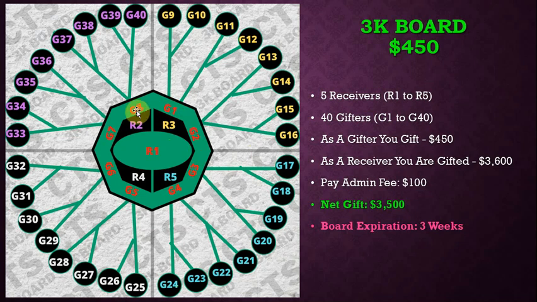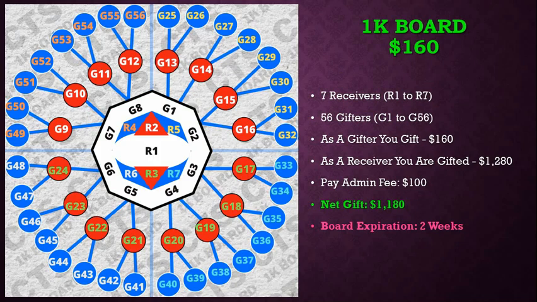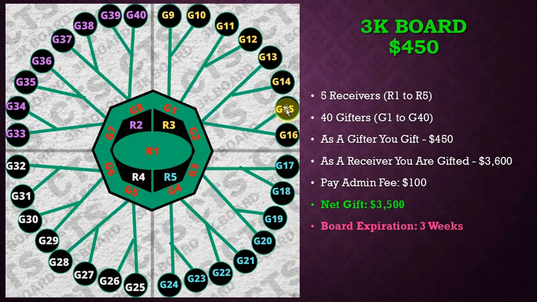Alright, so we have 40 gifters and 5 receivers. On this board, the gift is $450. So from the 1K board, if you came out of the 1K board, you'll have $11.80 in hand, and you could easily come to the 3K board, which is $450, and still have money in hand.